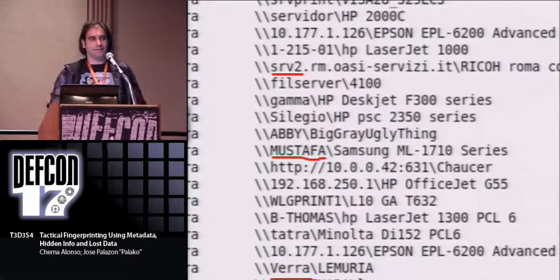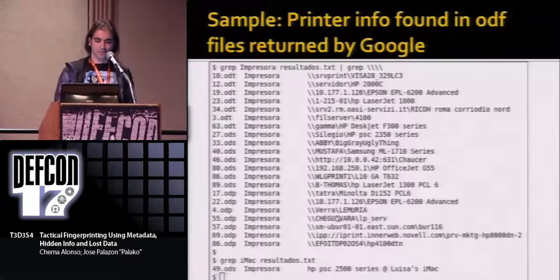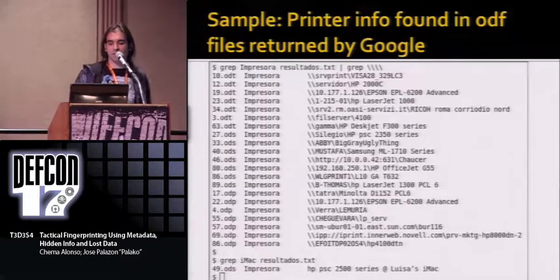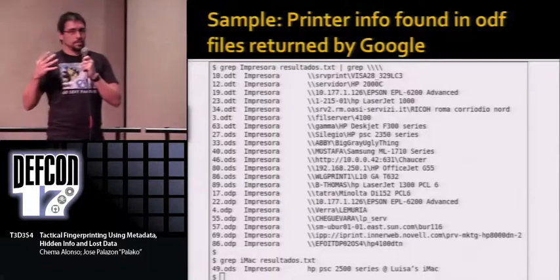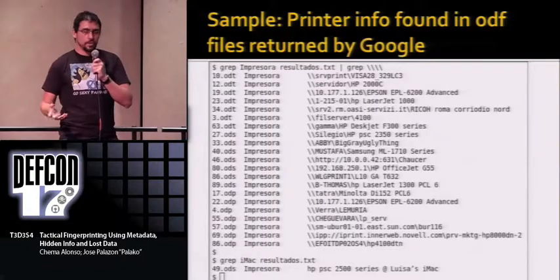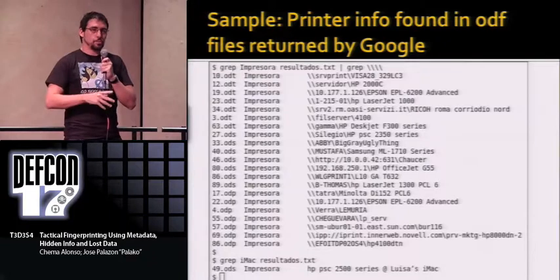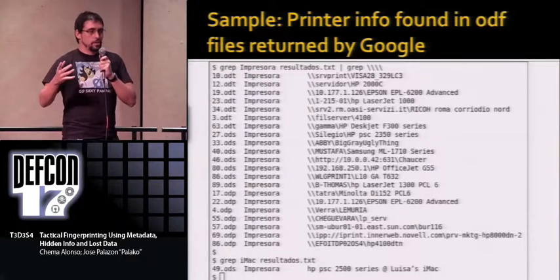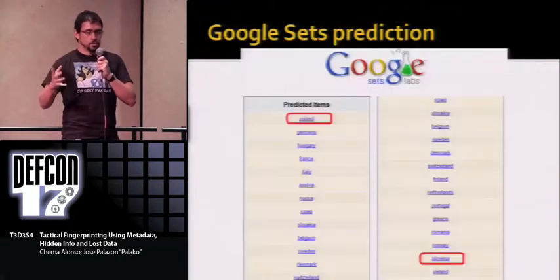No? Okay, so doing this, there is this technique which is called DNS prediction using Google. There is this guy who presented this paper, Johnny Long, who said that you can use Google Sets, which is a tool that takes a term as input, and as output gives you a list of related terms.